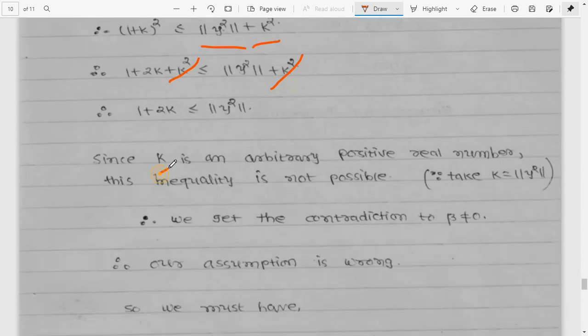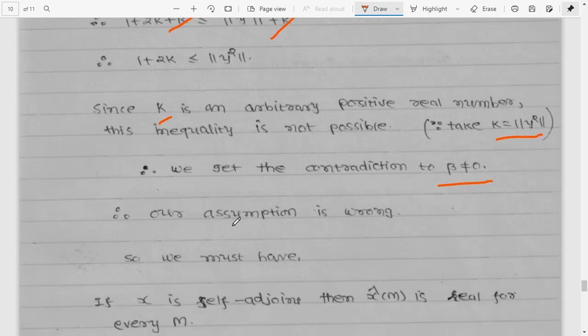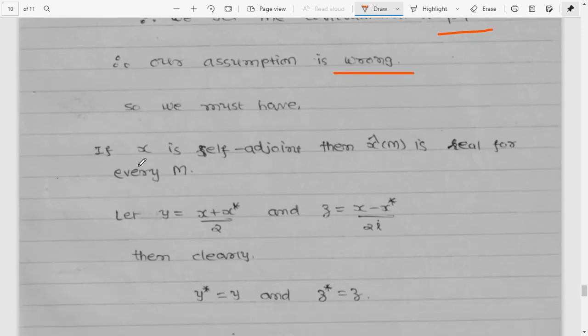Since k is an arbitrary positive real number, equality is not possible, because take k equal to norm y square, then this is greater than this. So here we get a contradiction to b not equal to 0, so our assumption is wrong. So we must have, if x is self-adjoint, then x cap of m is real for every m.